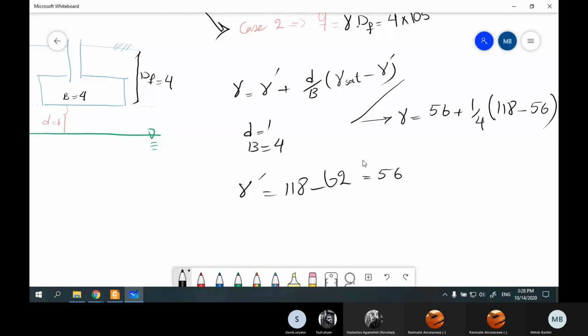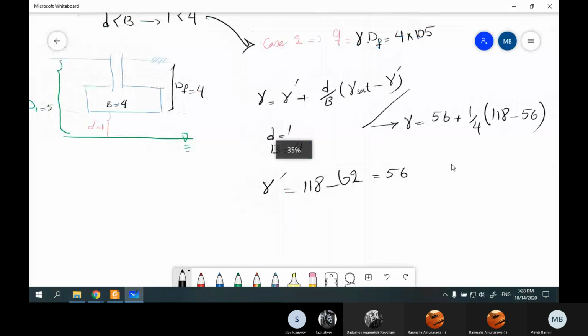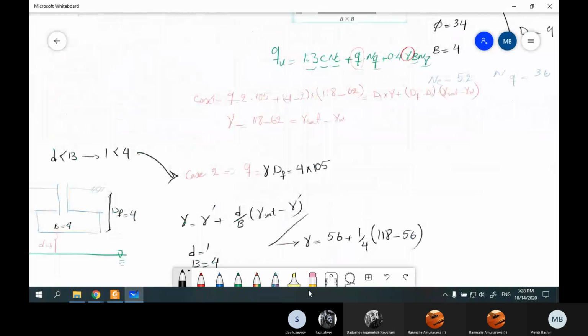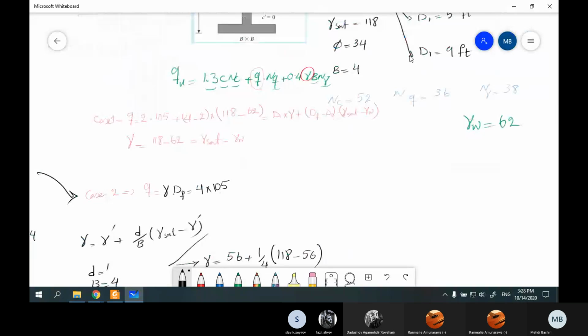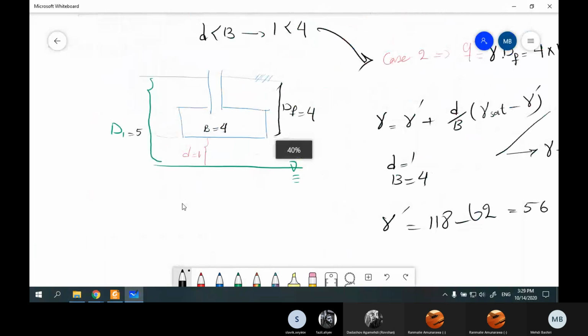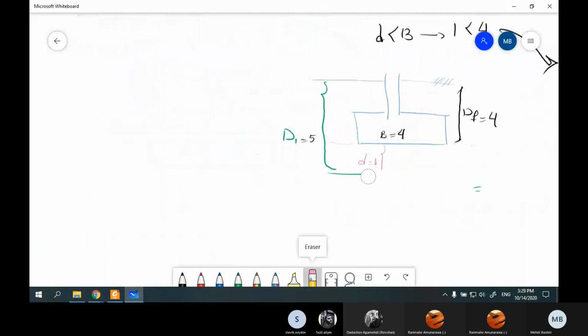In case 3, D1 is 9. What is d now? 5. This is Df, and this distance is 5.